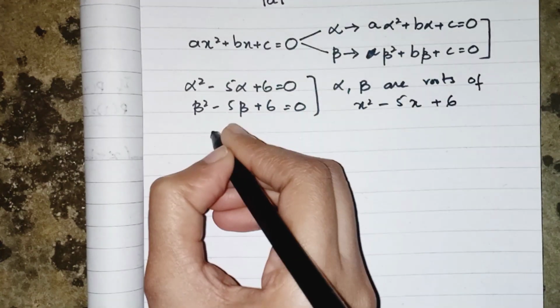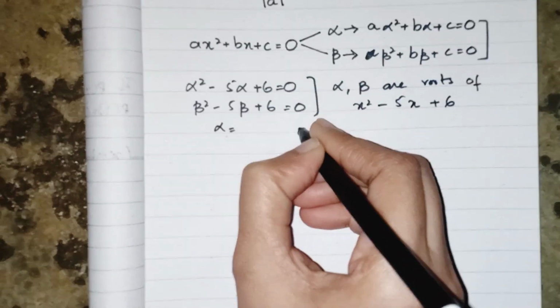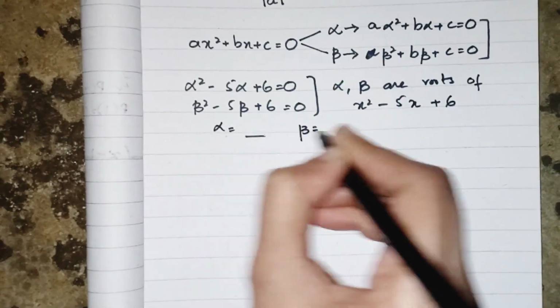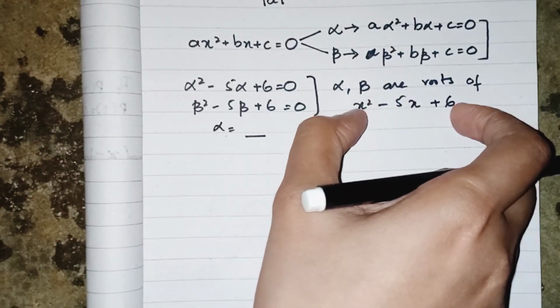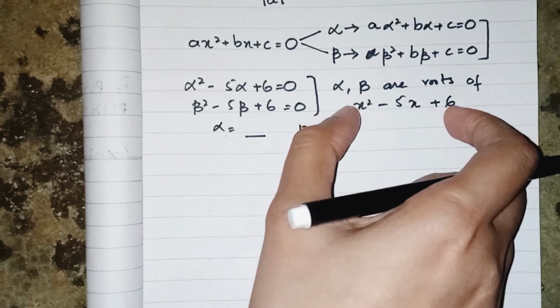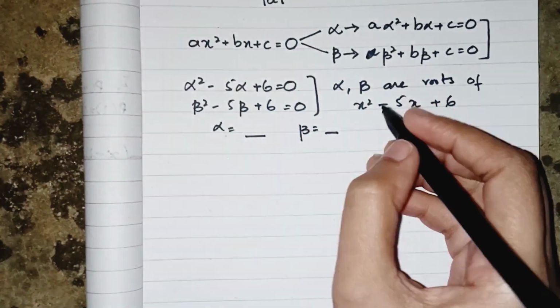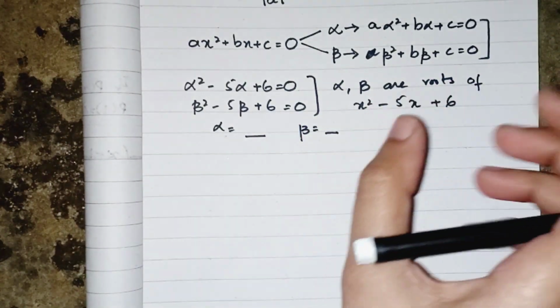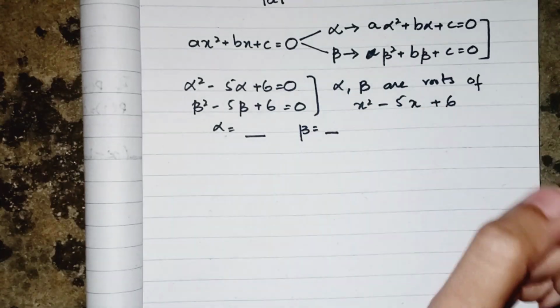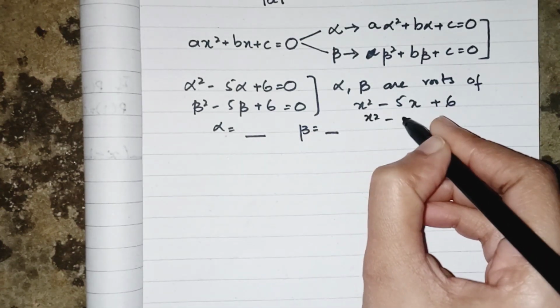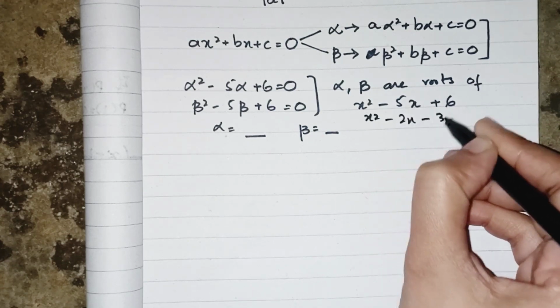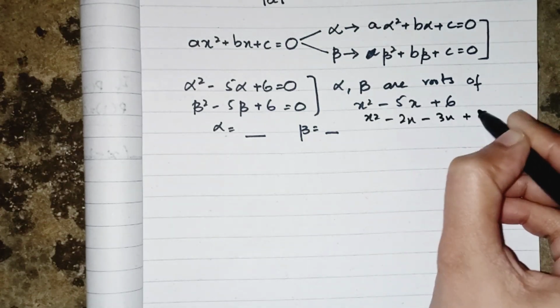So we can say that the value of alpha and beta should be something. We know the factors of this expression because we learned it so many times, and I said that we have to get more grip on factorization method. x square minus 2x minus 3x plus 6.